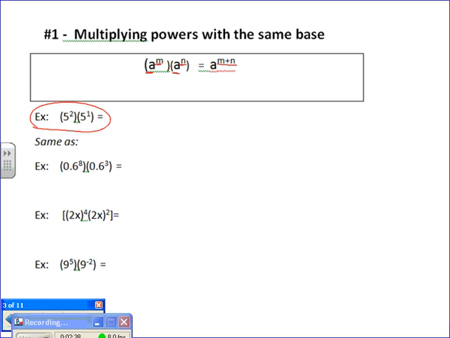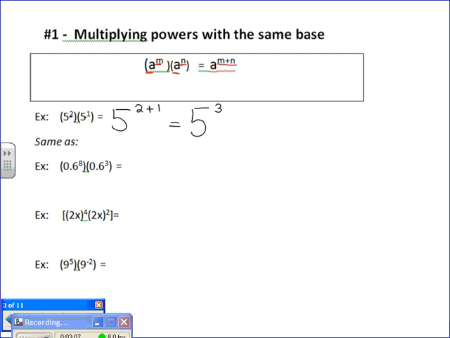Let's talk quickly about why we can use this shortcut. Where does it come from? Let's look at 5 squared times 5 to the exponent 1. Using the exponent law, the base is 5, so I can add these exponents, 2 plus 1, which gives base 5 exponent 3.